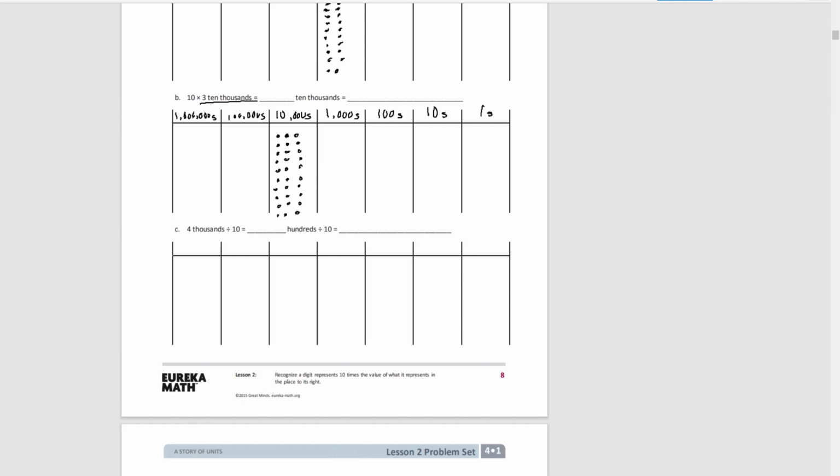So counting our 10,000s now, we have 30 10,000s. So if we exchange them for the next higher value, you can see we have 300 thousands or 300,000. Pause the video and try C.